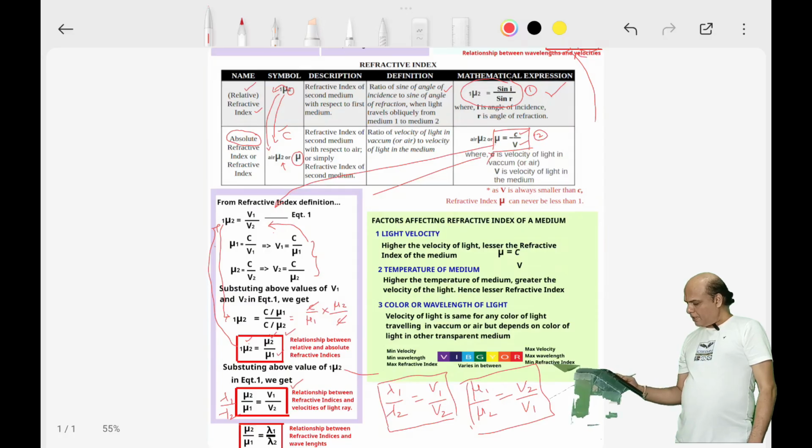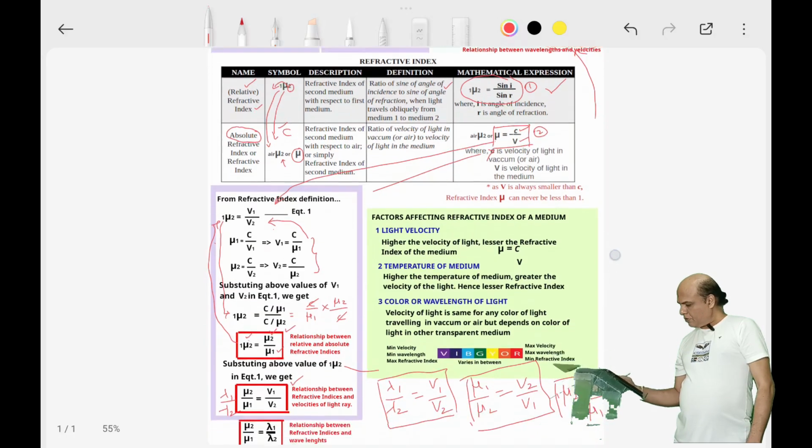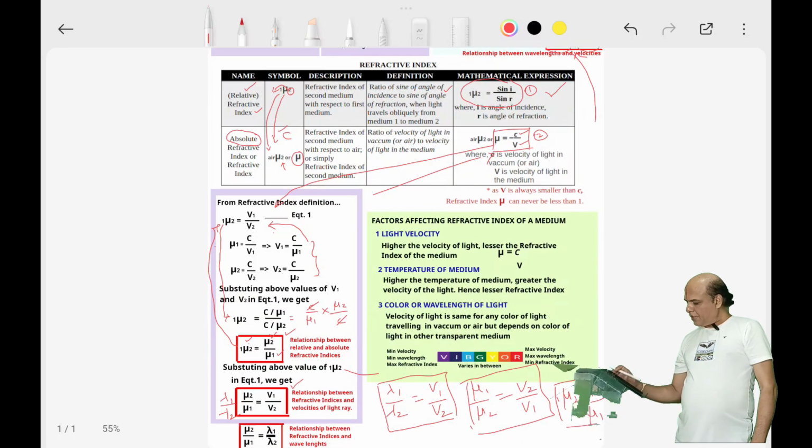Okay. Then you also know mu21 is equal to mu2 by mu1. So this is one more thing. And can you think of a relationship between this and this?